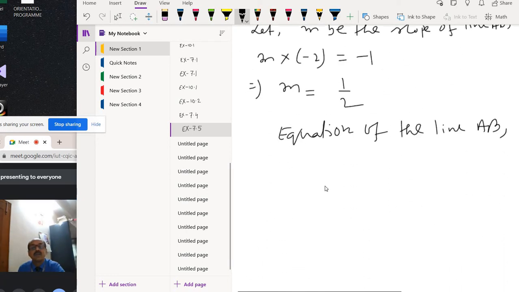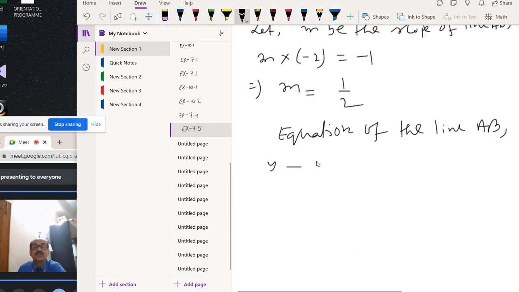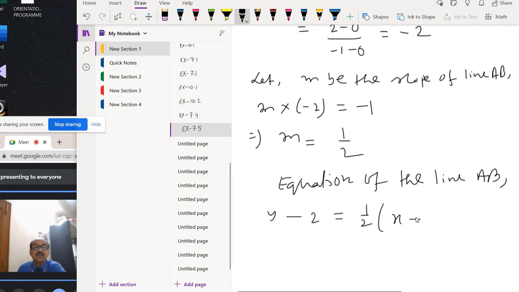So it is y minus y1, where y1 is 2, equal to half into x minus of minus 1, that is x plus 1.